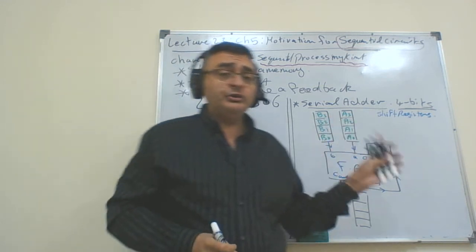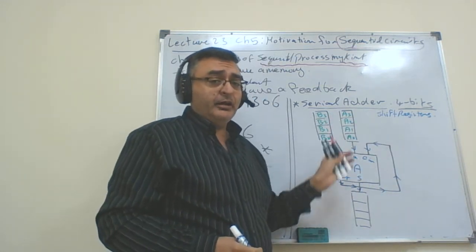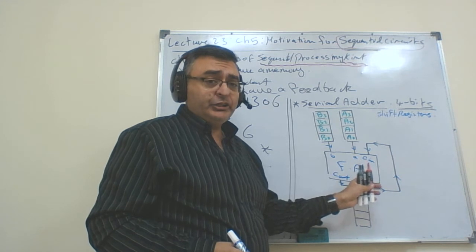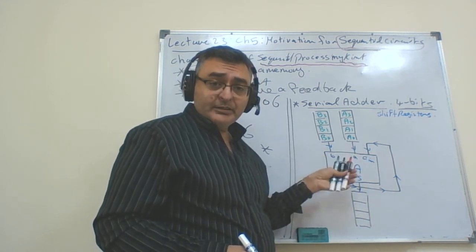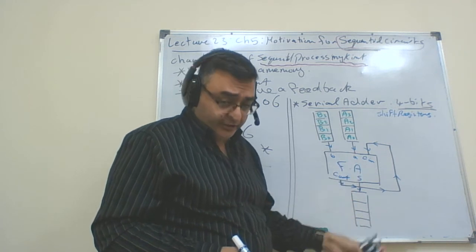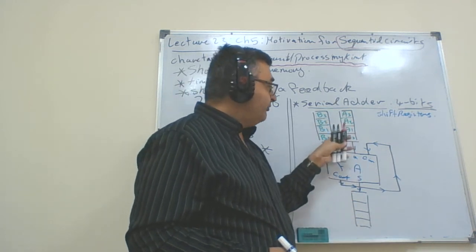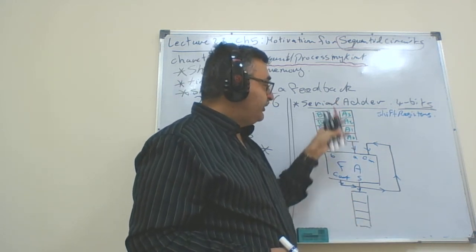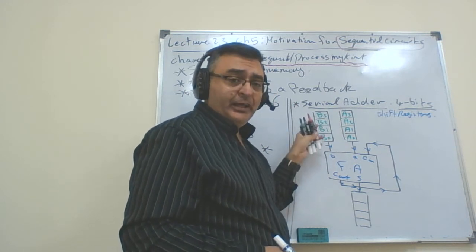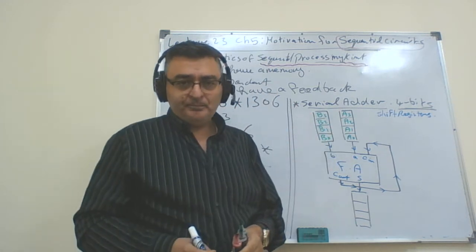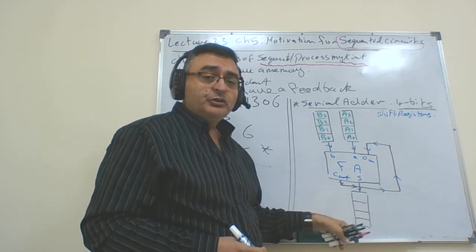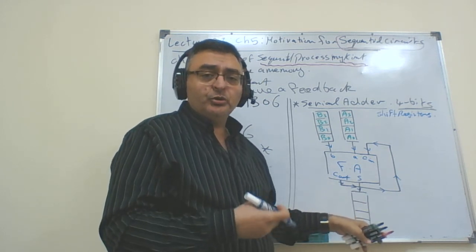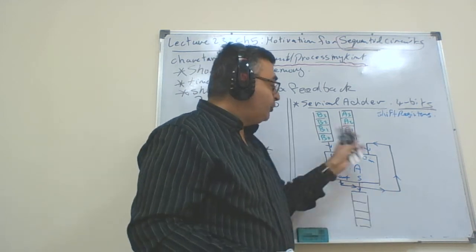So if you want to add the number A and the number B together, and each of A and B is 4 bits, you have to first store the values of A0, A1, A2, A3, and do the same for B in the registers. You can also see another register here, and this is to produce and store the output that will be produced by the circuit.